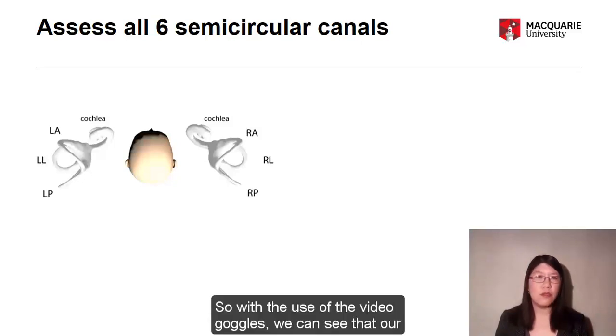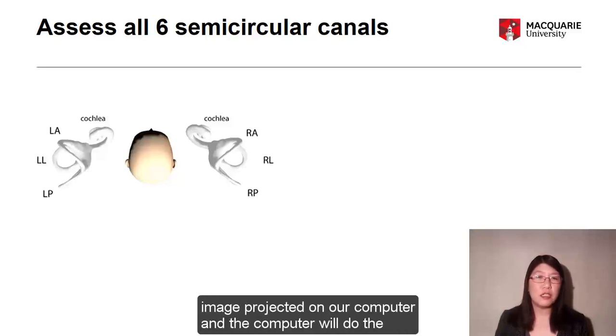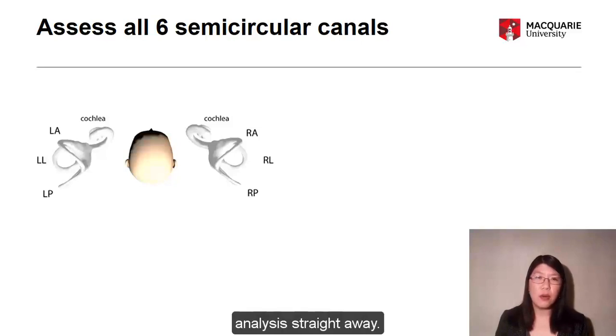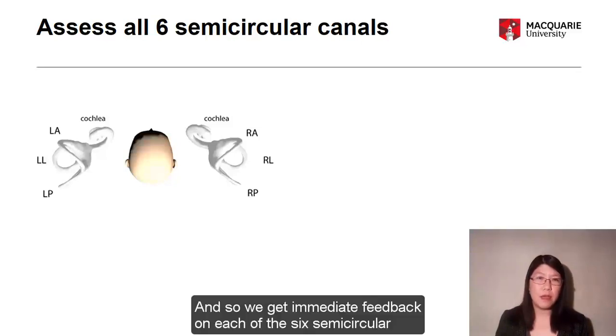So with the use of the video goggles, we can see the eye image projected on our computer, and the computer will do the analysis straight away, and so we get immediate feedback on each of the 6 semicircular canals.